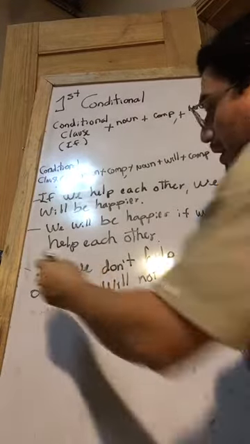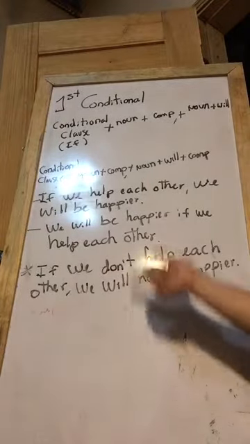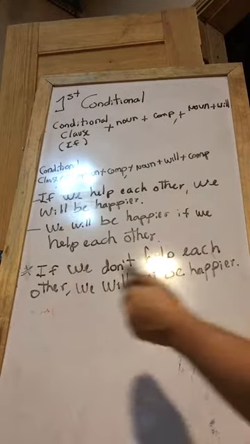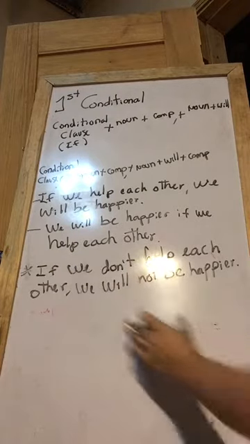Okay? Now, what would be the opposite form of this same sentence in the negative form? We will write, instead of starting with if, we will start with we will.